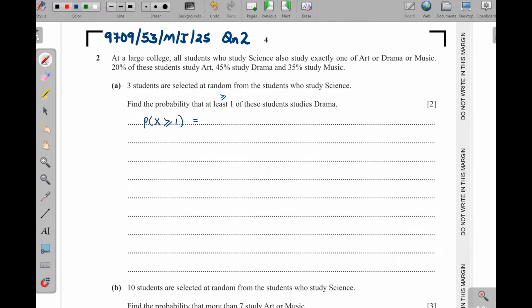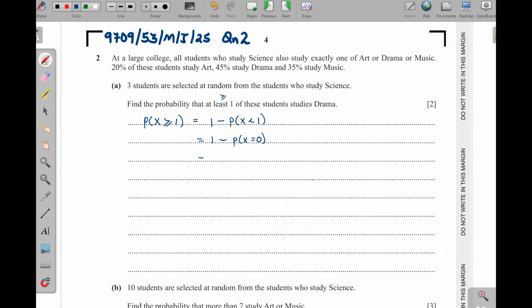So that means I'm going to have 1, 2, and 3. And so probability of x is equal to 1, x is equal to 2, and probability of x is equal to 3. But probability of x is equal to 0 is not considered. So that means I can say this one is equal to 1 minus probability of x less than 1. That is the same as saying 1 minus probability of x is equal to 0.